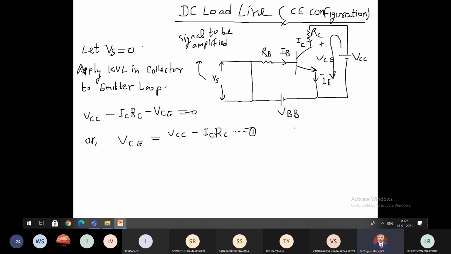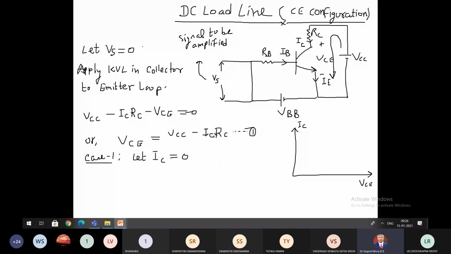Now we see how we draw the output characteristic. In output characteristic, on the x-axis we keep VCE. On the y-axis we keep IC, right? So now case 1. Let IC be 0.